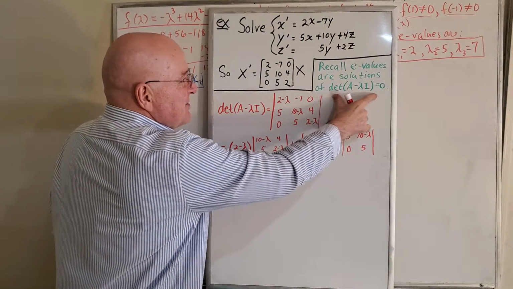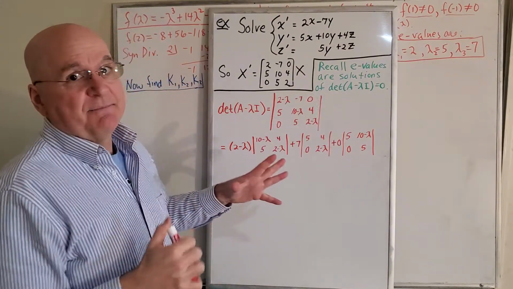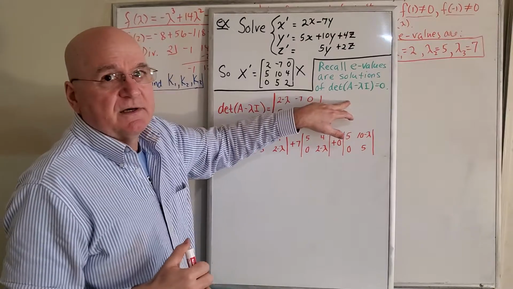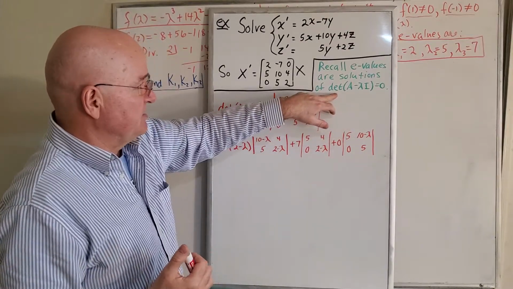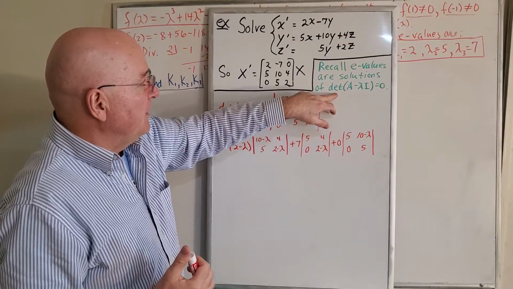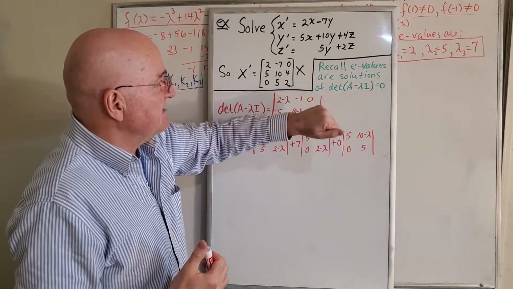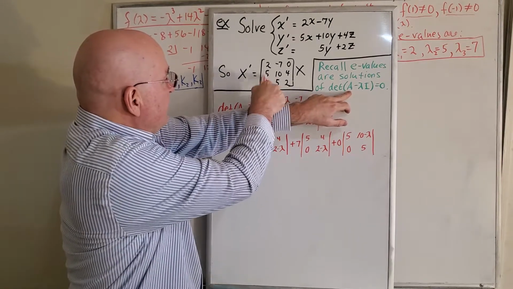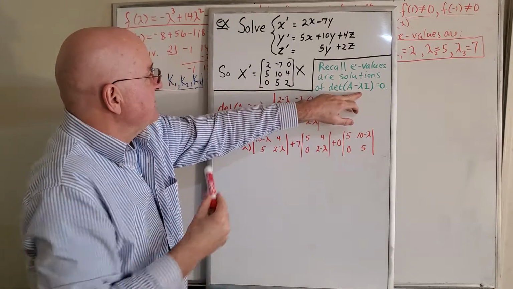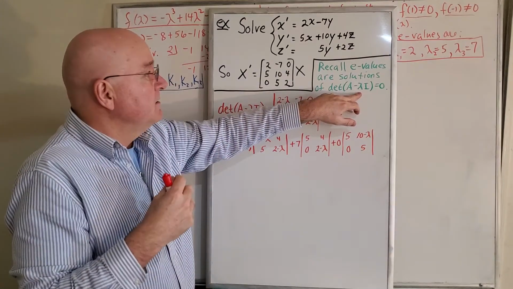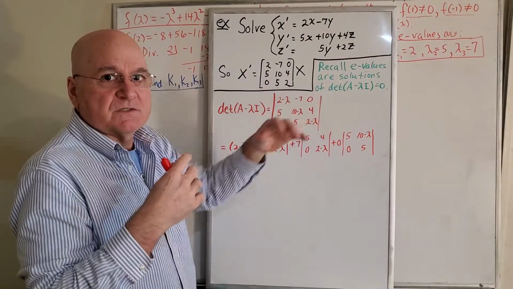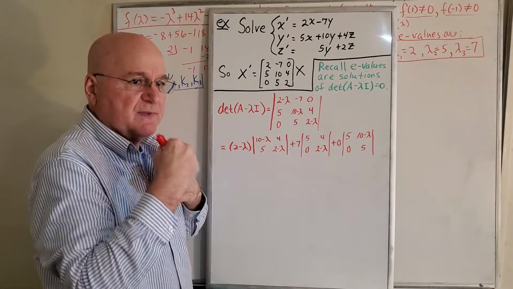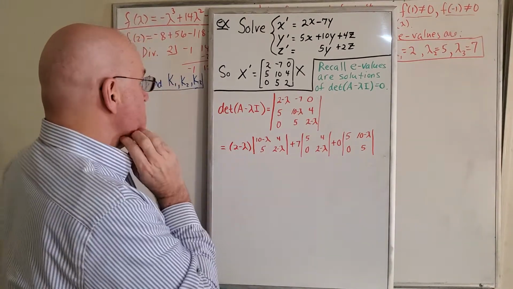We're going to have to solve this and find the lambdas that would essentially be the solutions to this equation. So, the determinant of A minus lambda I. Remember, A is right here. Lambda I is the identity matrix times lambda, so it's all zeros with lambdas down the diagonal.